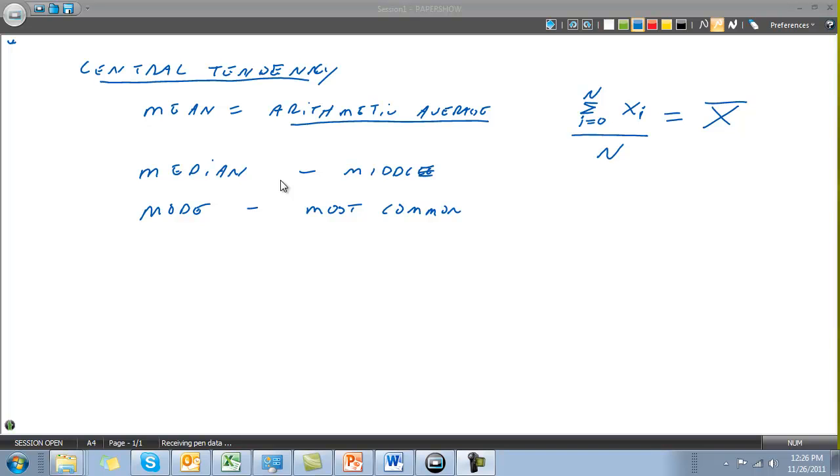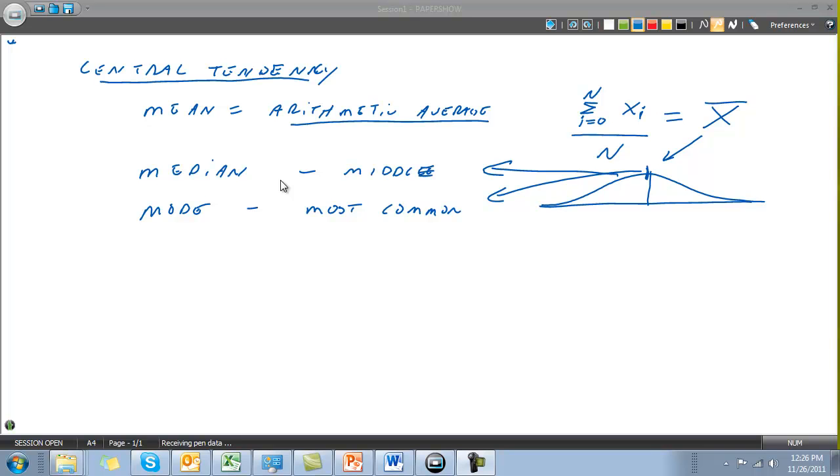So, for instance, if you have a distribution that looks like this, you'd find that the average would also be the most common and in the middle. They all match when it's a nice normal bell curve.